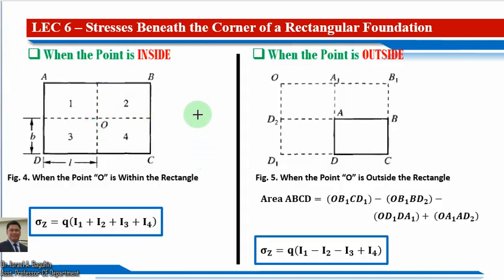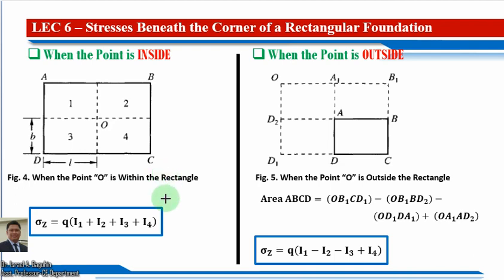So we have actually two cases, for load, when our point is located inside the rectangular foundation or when the point is located outside. So for the case 1, we have a simple drawing here referring to figure 4 when the point O is within the rectangle.